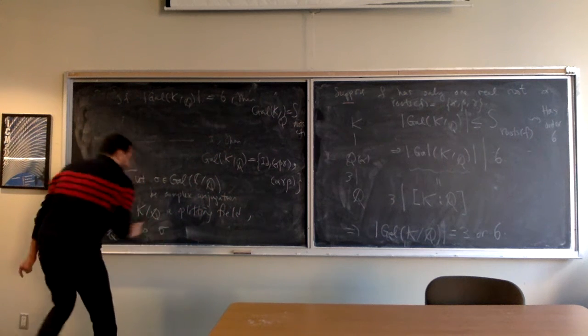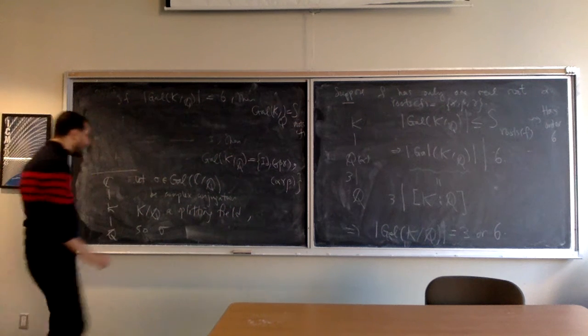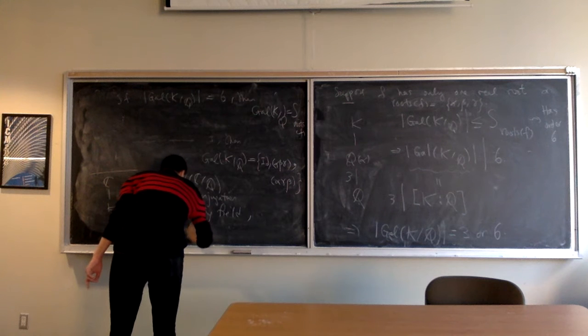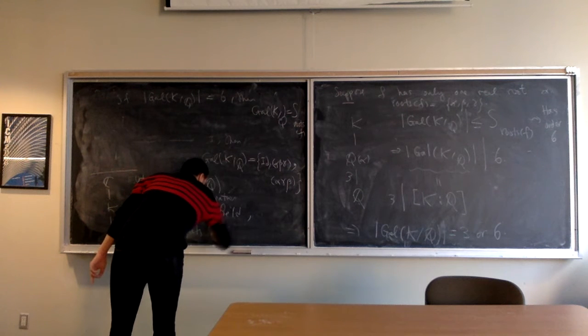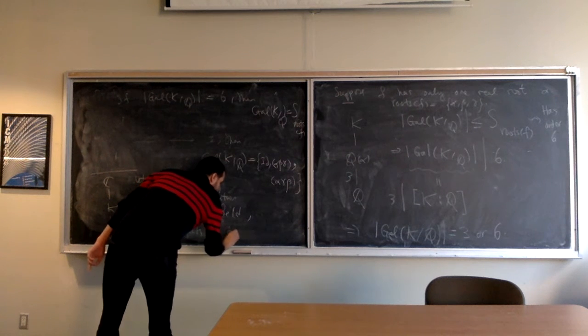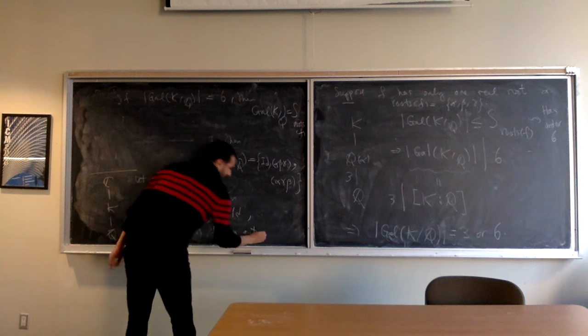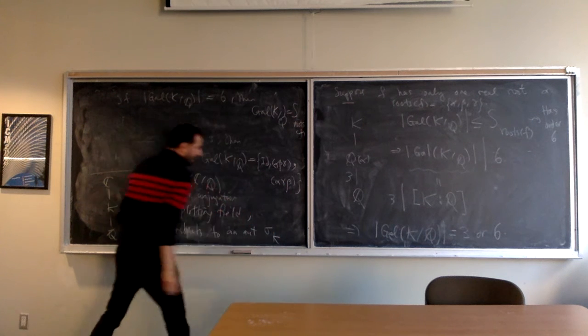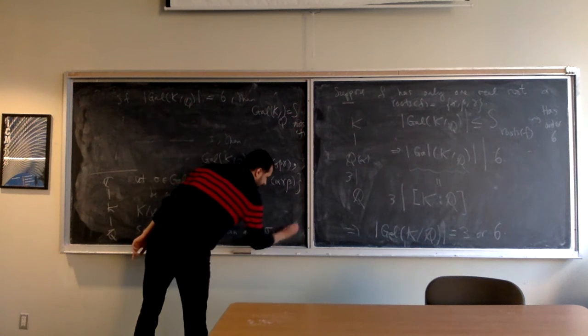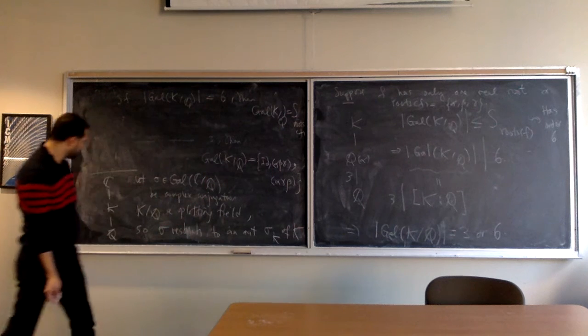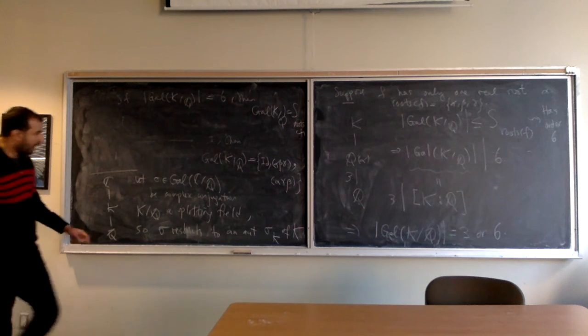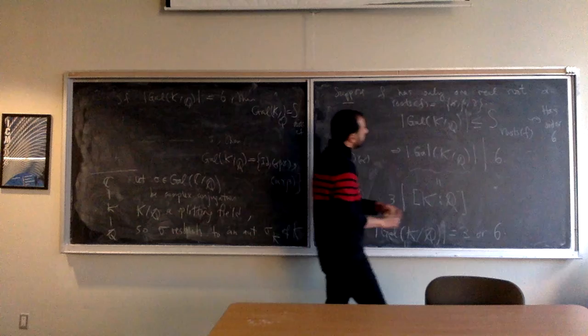So sigma restricts to an automorphism of K, which is denoted by sigma sub K, of K, fixing Q.